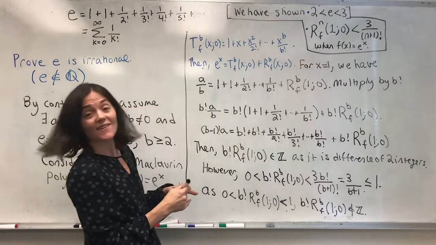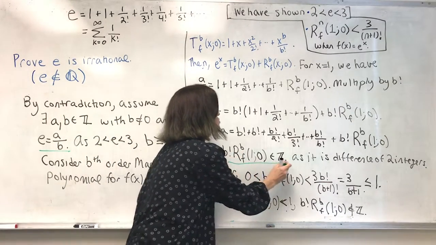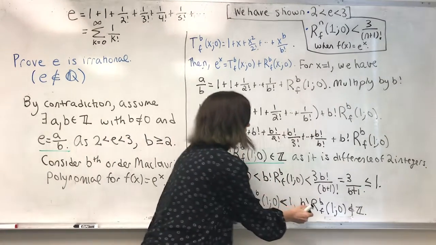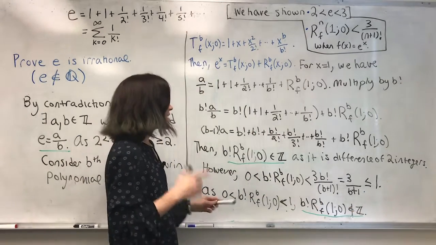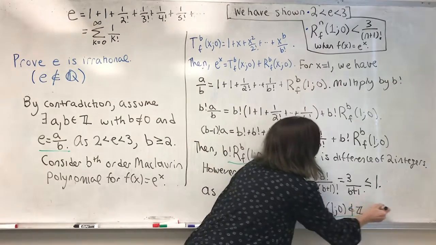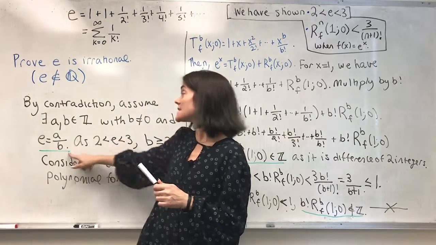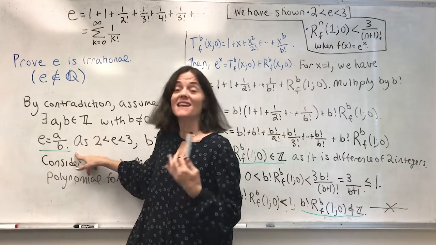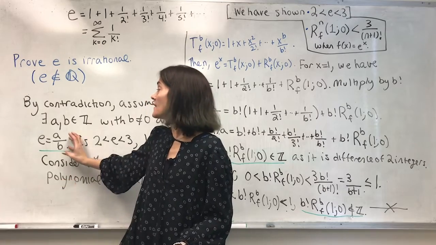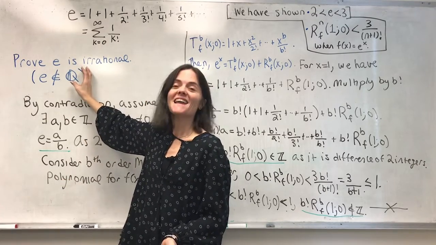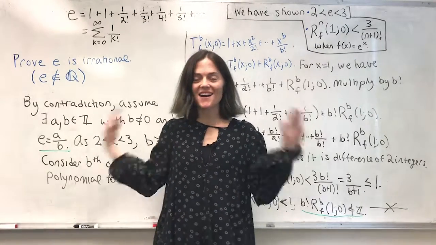And this is our contradiction because look, we have b factorial times the remainder is an integer. We have b factorial times the remainder is not an integer. We have a contradiction. Therefore, this assumption here that e is a over b, this is not true, showing that e must be irrational. Okay, this is our proof by contradiction.